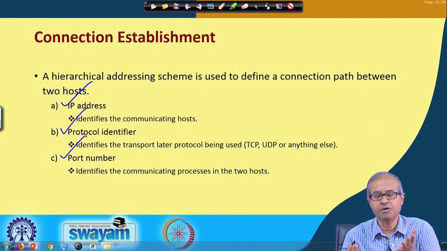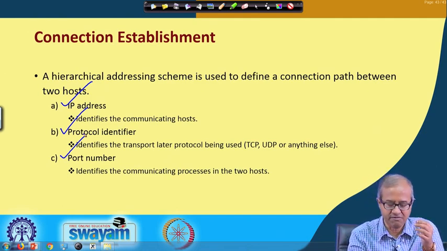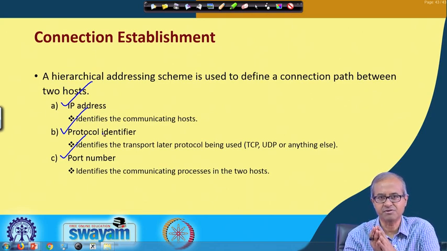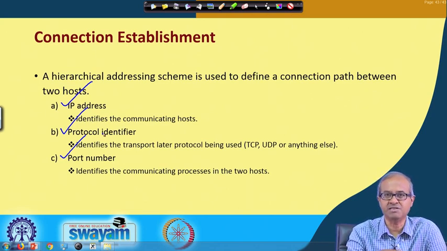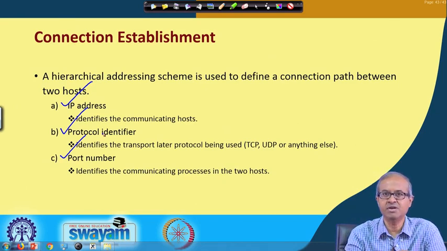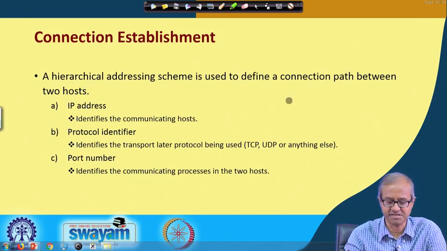Only when you specify all of these can you establish a connection. For protocol, only for TCP does the question of connection come up; for UDP there is no connection, it is like a datagram service. So you have to specify the IP addresses of the two ends, the protocol, and the port numbers at the two ends. Only then are you in a position to establish a connection.